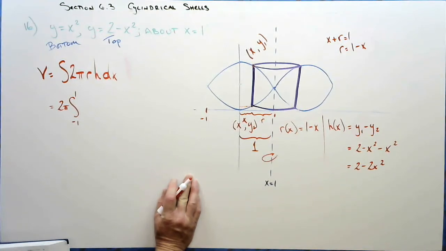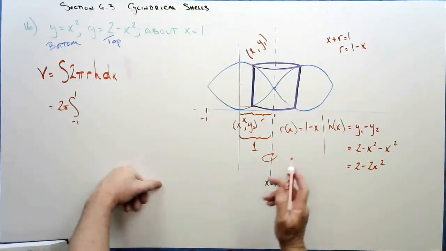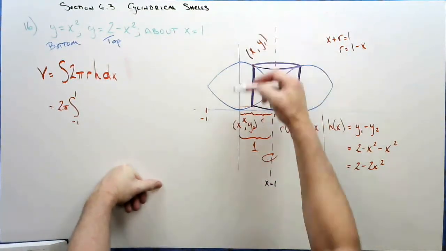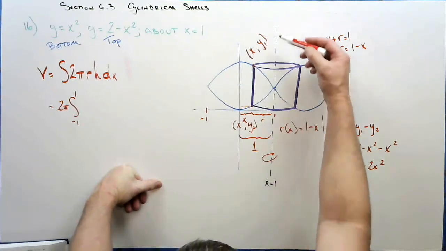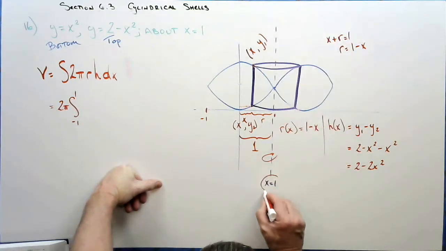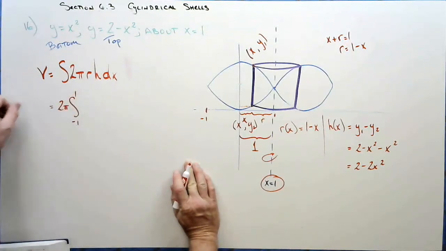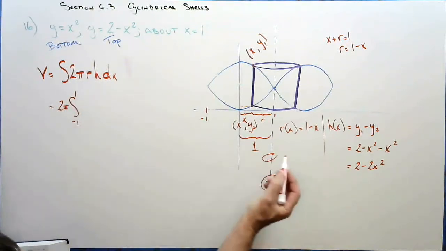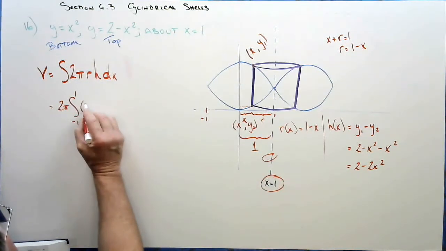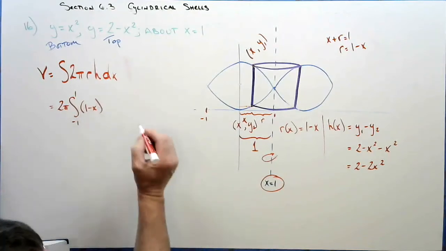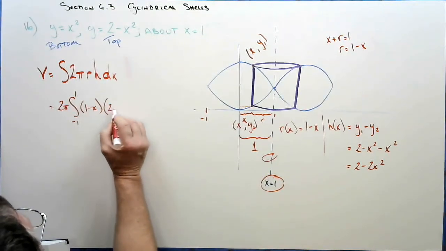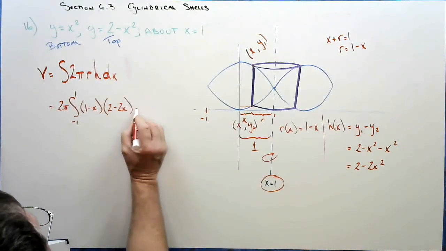Now, we can't use symmetry here and multiply by 2 because we're not symmetric with respect to the y-axis. We're symmetric with respect to the line x equals 1. So we have to keep our bounds from -1 to 1. Our 2 pi is in front. Our radius is 1 minus x. Our height is 2 minus 2x, dx.